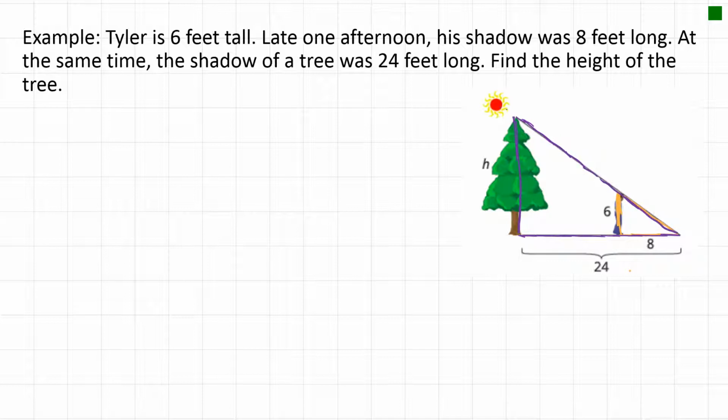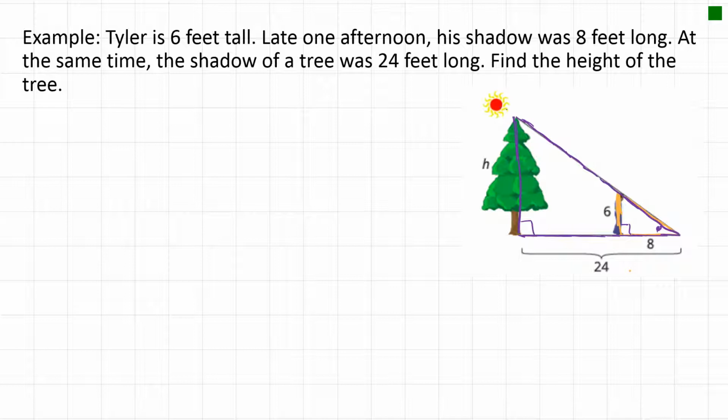Because the sun casting the shadow creates this same angle, and they're both standing upright, so they both have 90-degree angles, these are similar shapes. They have all the same angles in them.